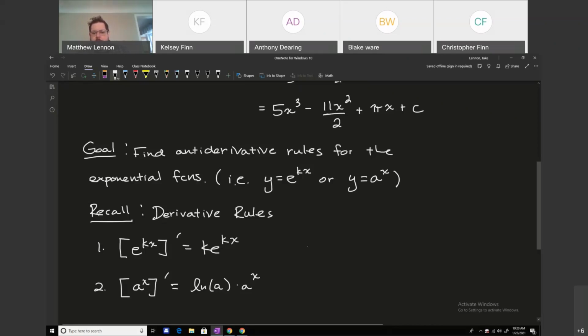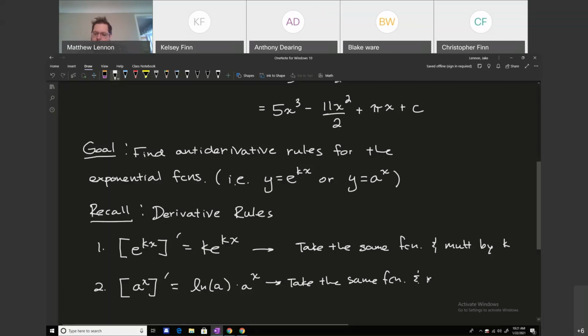Our procedure for number one is take the same function and multiply by k. And for this one, just take the same function and multiply by the natural log of a.